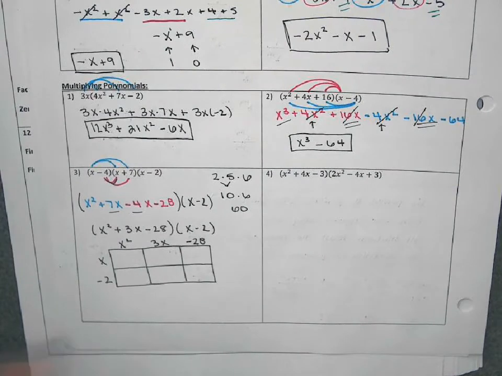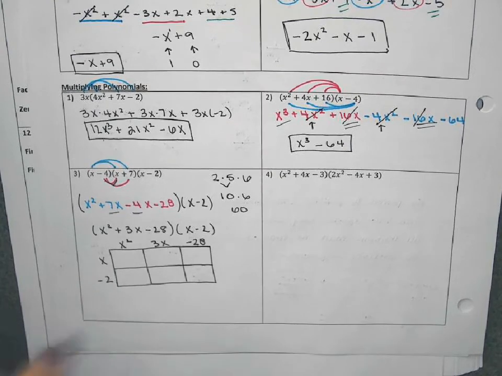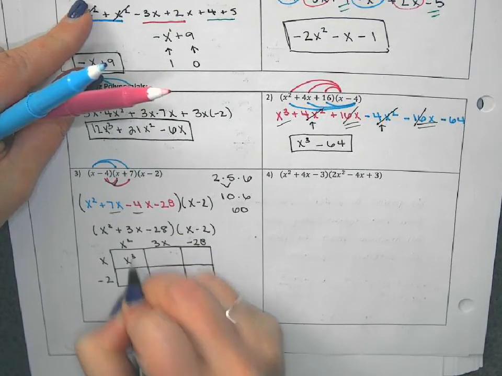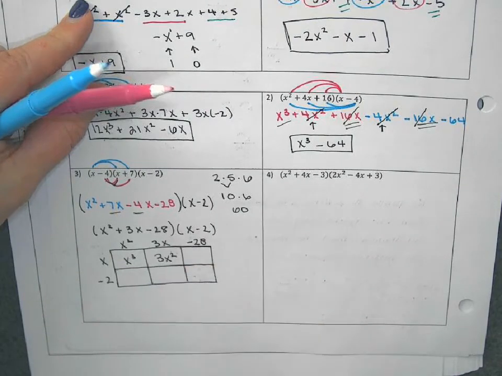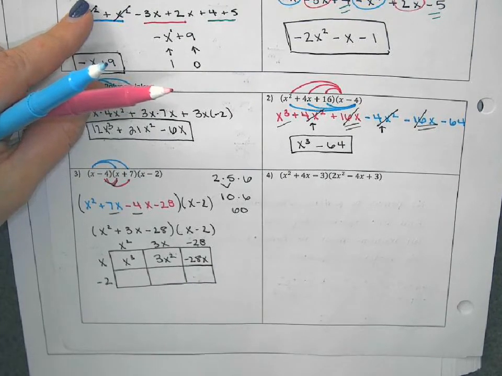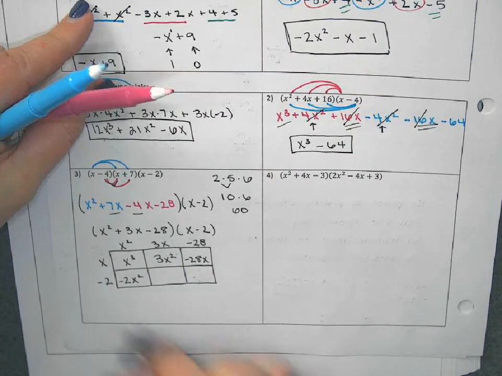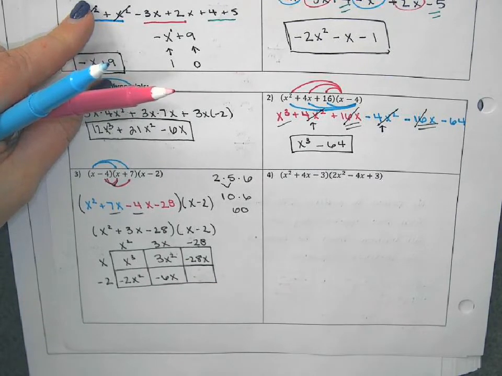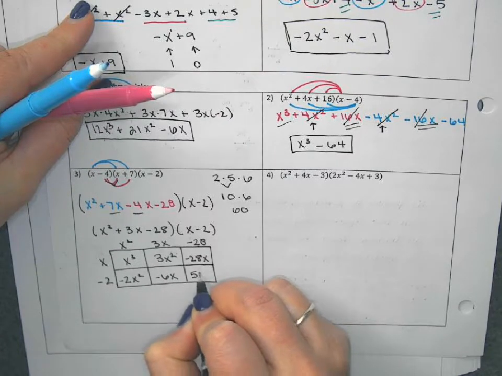And then I can distribute easily x to all 3 terms and -2 to all 3 terms. x times x squared is xx, which is x to the third. 3x times x is 3xx, 3x squared. -28 times x is just -28x. -2 times x squared, -2x squared. -2 times 3x, -2 times 3 is -6x. -2 times -28 is going to be a positive 56.